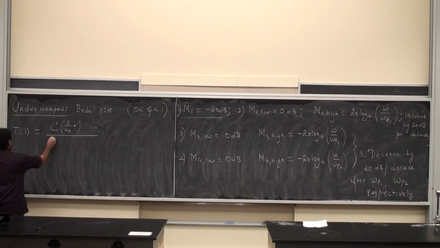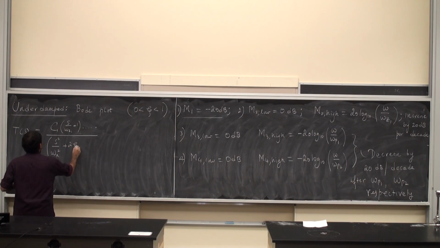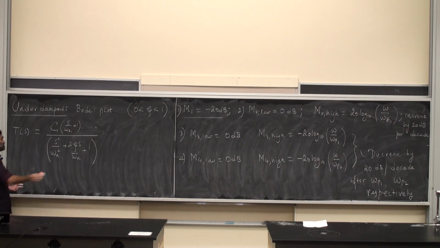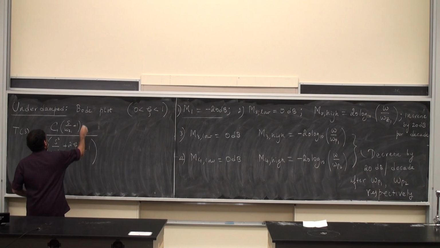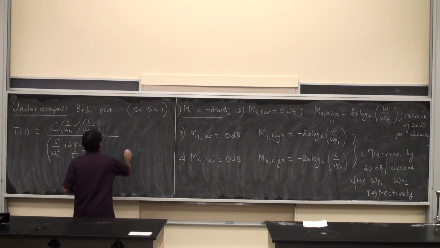The denominator, s squared over omega n squared plus 1. Okay, so you can have maybe this is the standard form.